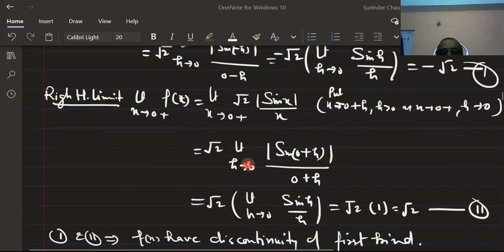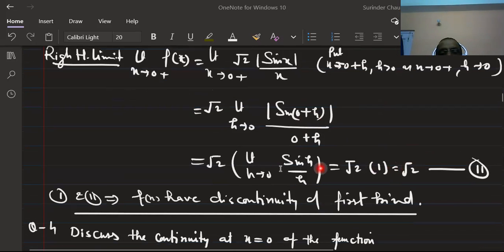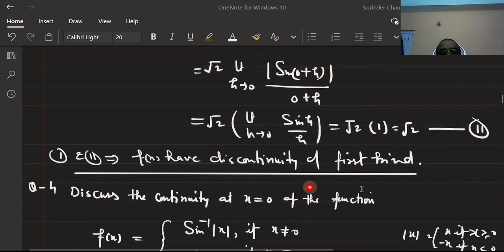After substitution, we get constant outside, limit of sine of 0 plus x upon 0 plus x, equal to sin x upon x, which is root 2. Both limits are finite, but because the left limit and right limit are not equal, this function is discontinuous at zero, and this is a discontinuity of the first kind.